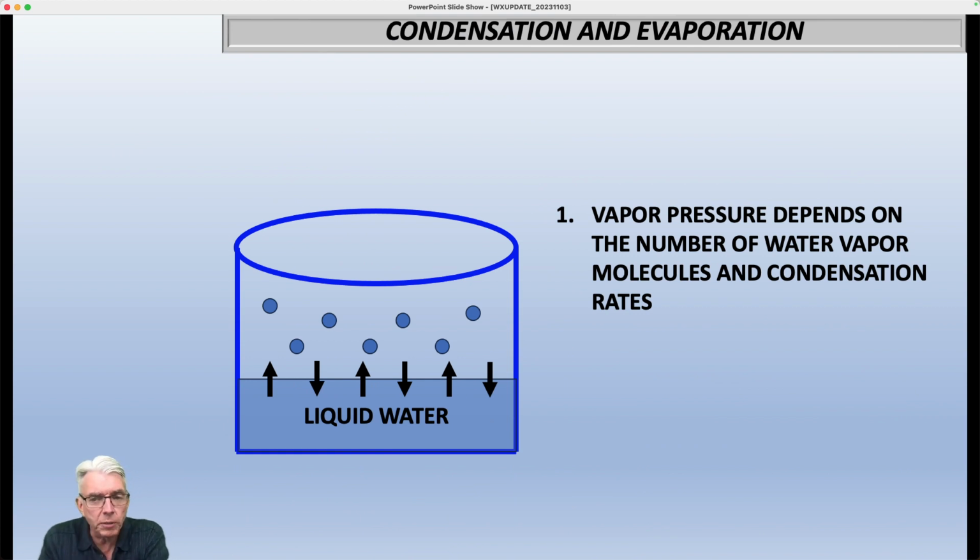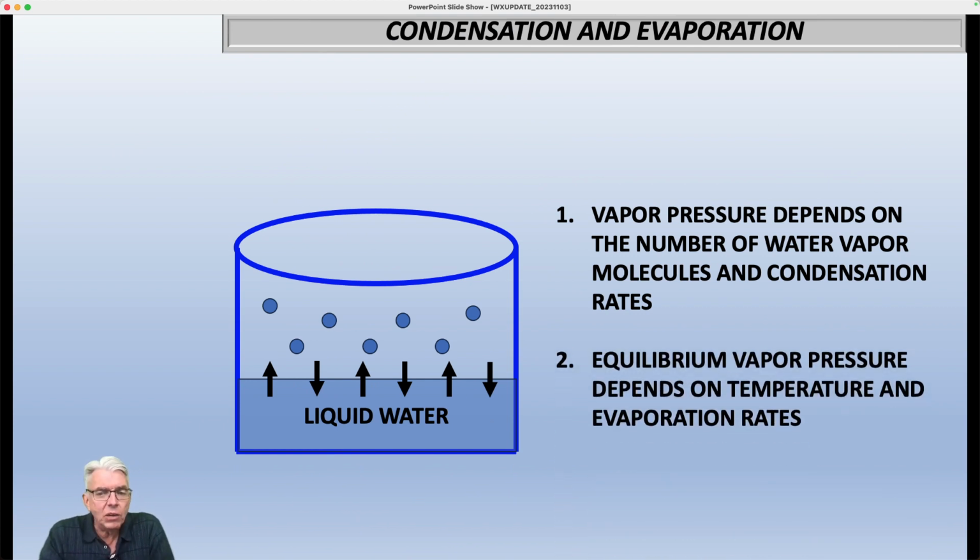So vapor pressure depends on the number of water vapor molecules in the air and the condensation rates. The more water vapor molecules there are, the greater the condensation rate is. The equilibrium vapor pressure depends on temperature and evaporation rates. So the warmer the air is, the more molecules are going to escape from the water state into the vapor state.